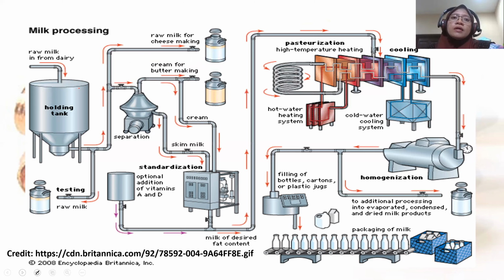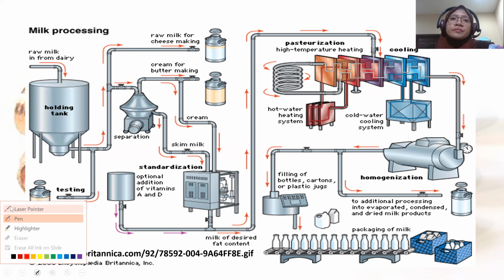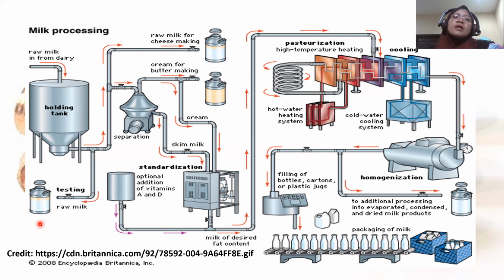This is how the process flow looks after we connect all the unit operation. This illustration shows quite complete process flow, where it starts from receiving the raw milk here, where then it's stored into the holding tank, and then from this holding tank the milk will be pumped into another unit operation.